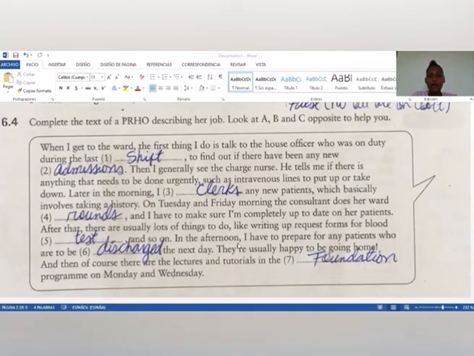In the afternoon, I have to prepare for any patients who are to be discharged the next day. They are usually happy to be going home. And then, of course, there are the lectures and tutorials in the foundation program on Monday and Wednesday.